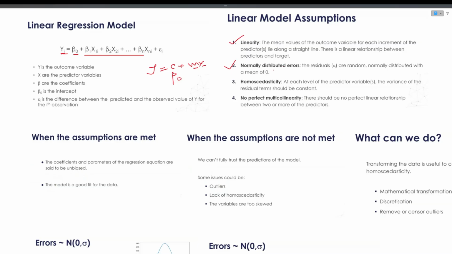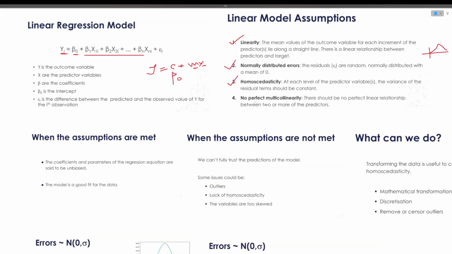Next, normally distributed errors: the errors are distributed normally. And there is no perfect multicollinearity, so there should basically be no perfect linear relationship between two or more of the predictors. These are the assumptions we have in general.